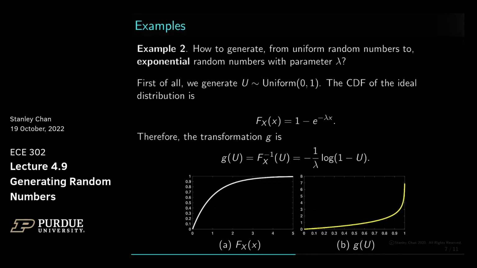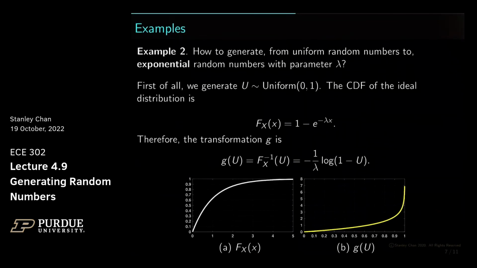In order to get the transform that we need, we're going to apply some function to u. We're going to use the inverse of the CDF on the random variable u to get this equation here, negative 1 over lambda log 1 minus u. And you can see the relationship between f of x and g, which is again the inverse of f of x. And you can maybe visually even see how the composition of these two functions would be the identity.